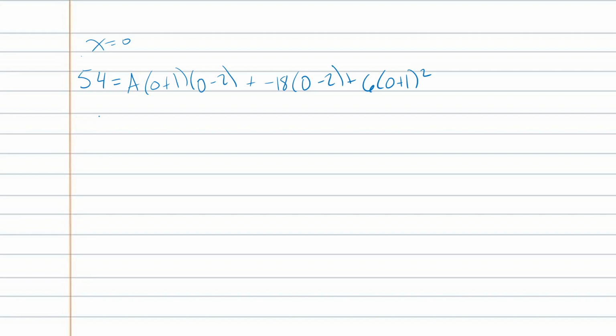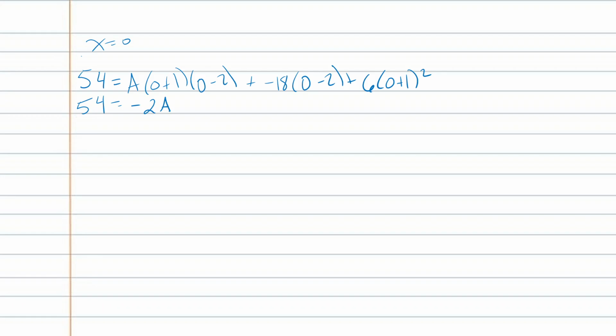Now we should be able to solve for our a. Just need to simplify here. 0 plus 1 is 1. 0 minus 2 is minus 2. 1 times negative 2 is negative 2. So this first term simplifies down to negative 2a. If you need more steps and you need to do it a simple step at a time, go ahead and do it.